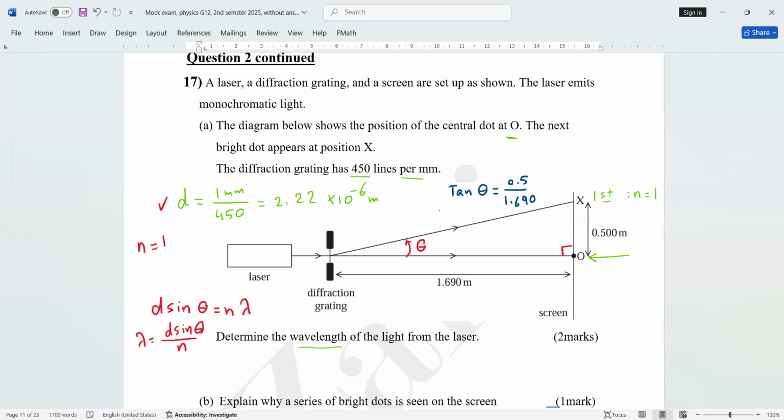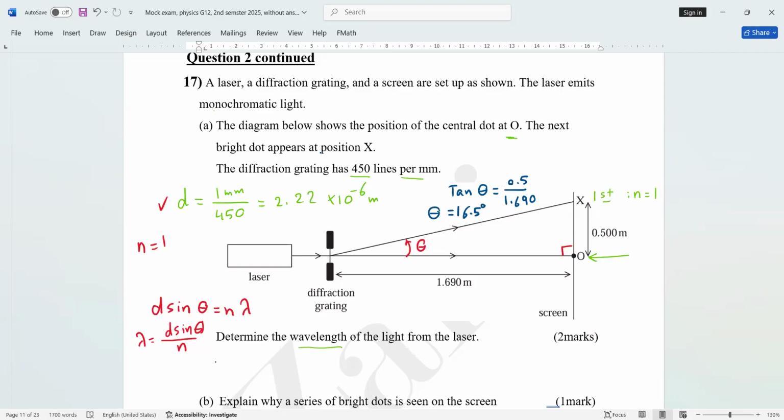Then we can calculate theta by using the calculator, shift tan answer. First check it is in degrees. Now, fraction 0.5 divided by 1.69. I advise you to solve with me. Equal, shift tan answer. It is 16.5 degrees.